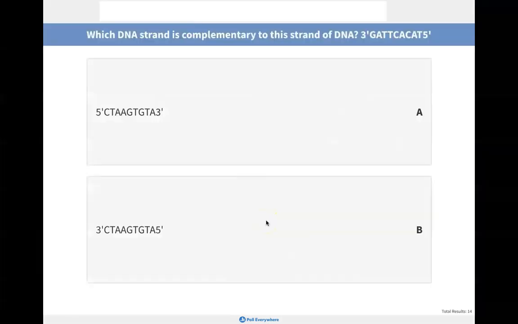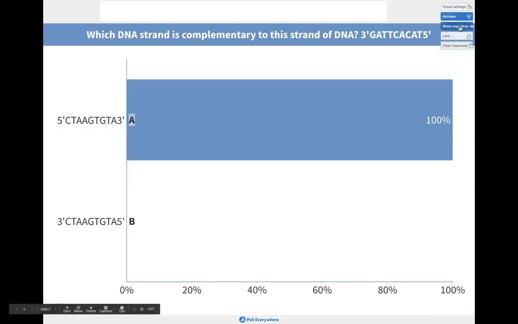Okay, first poll. Which DNA strand is complementary to the strand of DNA? Looks like I'm going to need 3 prime, GATTCACAT, 5 prime. So this is a callback from the previous lecture and previous units as well, knowing how bases are going to pair up as its complement.